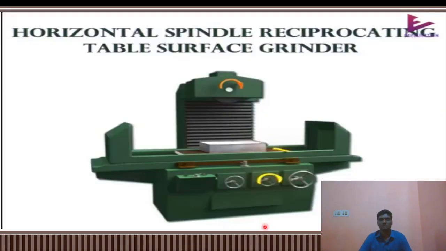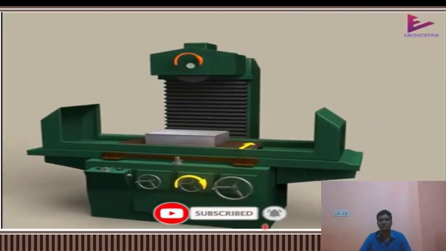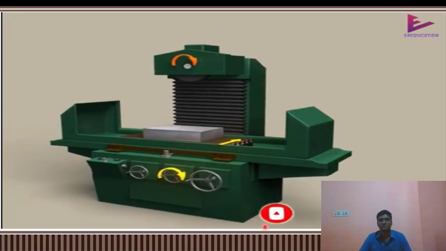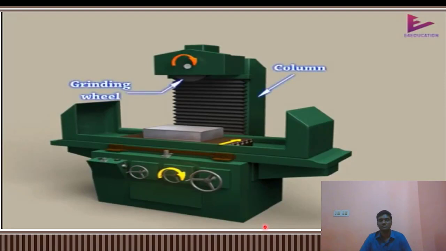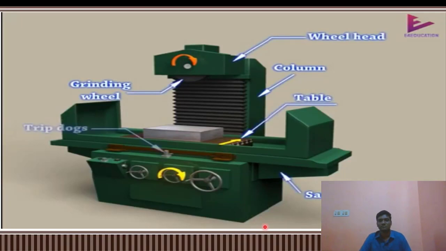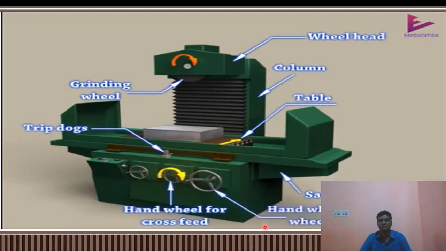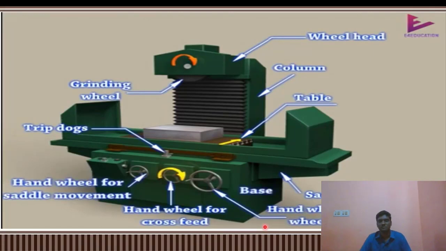Horizontal spindle reciprocating table surface grinder. Let us see the 3D model of the horizontal spindle reciprocating table surface grinder. It has column, grinding wheel, wheel head, saddle, table, trip dogs, hand wheel for cross feed, hand wheel for grinding wheel adjustment, hand wheel for saddle movement, and base.